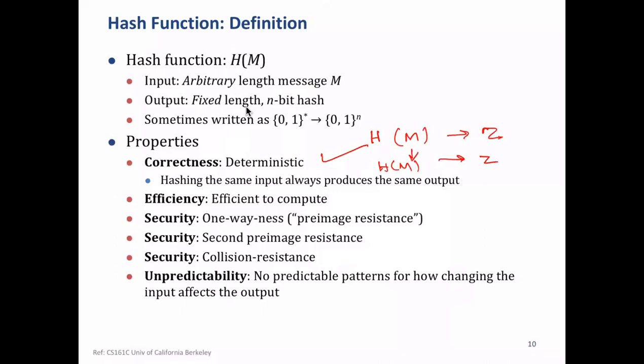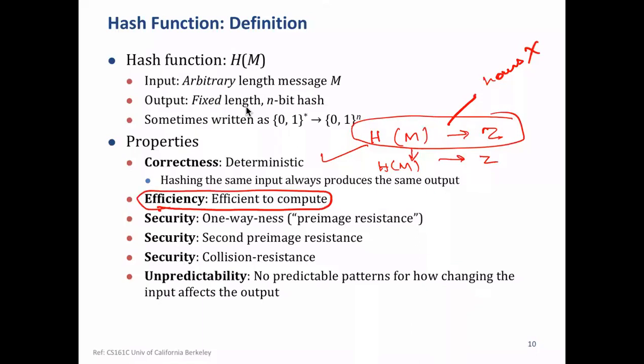Now, the time to compute this should not be in hours. It should be just a few milliseconds, or maybe hundreds of microseconds. So it should be efficient. Otherwise, if it's very complex and takes a lot of time, then nobody will use it. Then there are the properties we have already seen: pre-image resistance, second pre-image resistance, and collision resistance. These three properties we have discussed in detail.